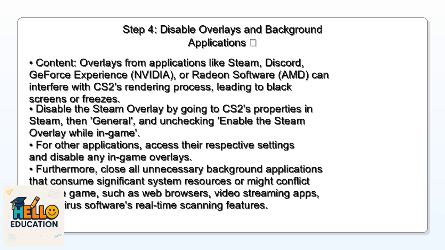For other applications, access their respective settings and disable any in-game overlays. Furthermore, close all unnecessary background applications that consume significant system resources or might conflict with the game, such as web browsers, video streaming apps, or antivirus software's real-time scanning features.